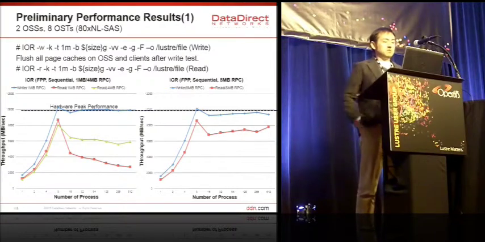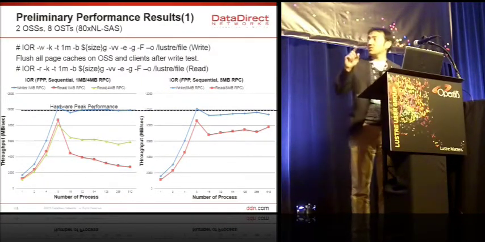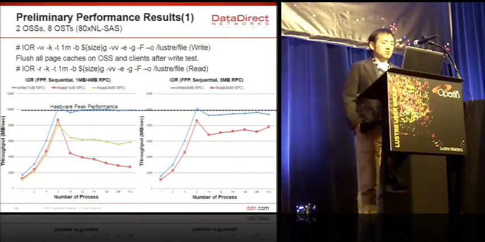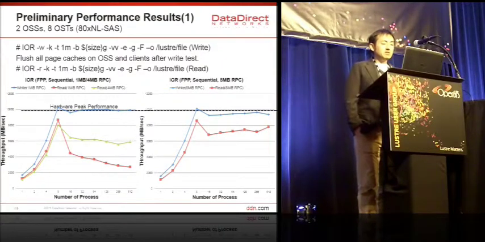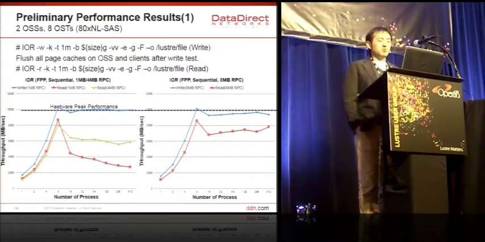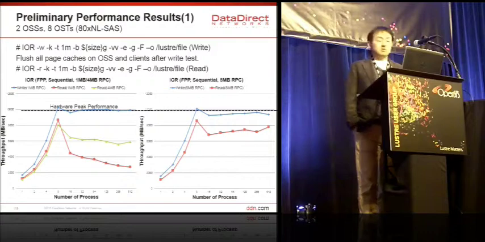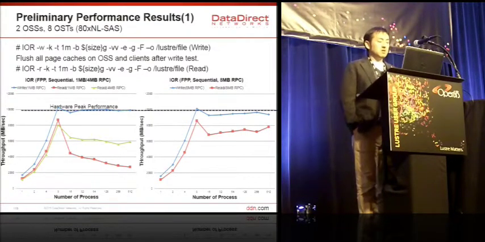The dark blue line is the peak performance using XDD, and the light blue line is the IOR write performance from the client. The write performance is pretty good: we achieved more than 95 or 100% of the hardware capability.